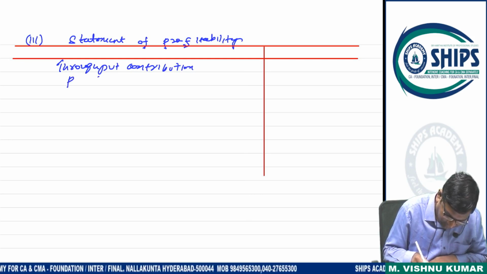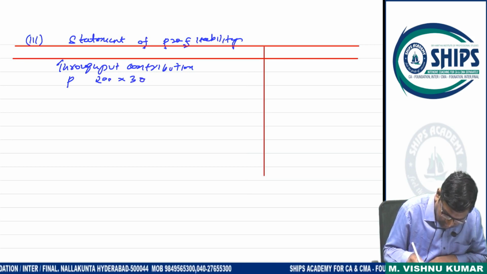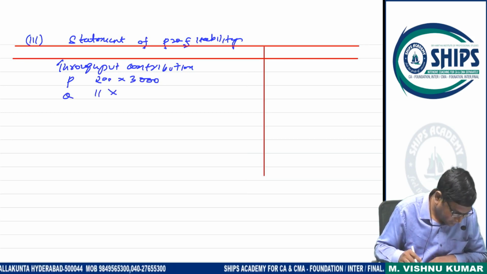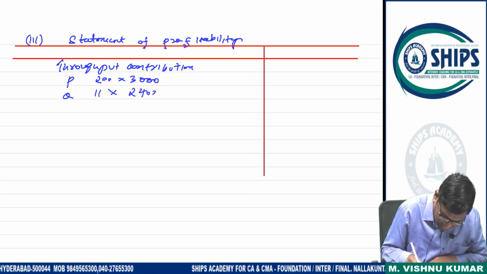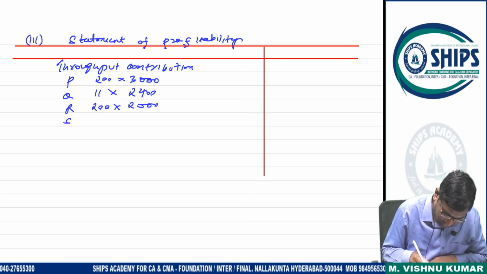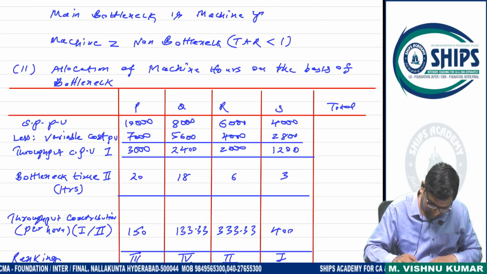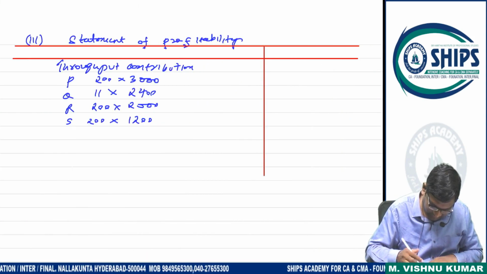So this is P, 200 into 3000, Q 11 into 2400, R 200 into 2000, S 200 into 1200. This is the contribution: 3000, 2400, 2000, 1200.